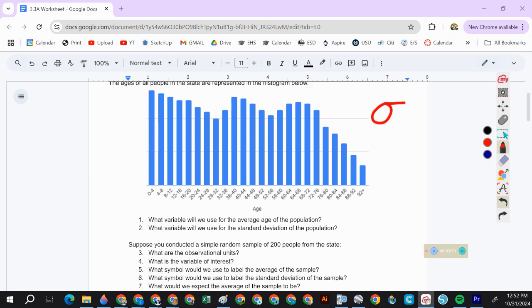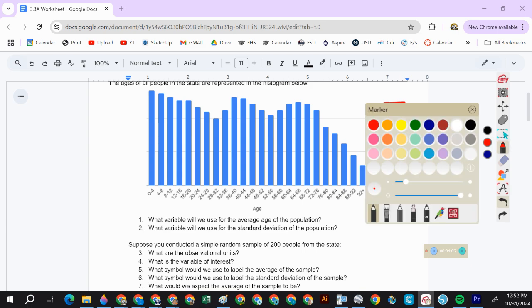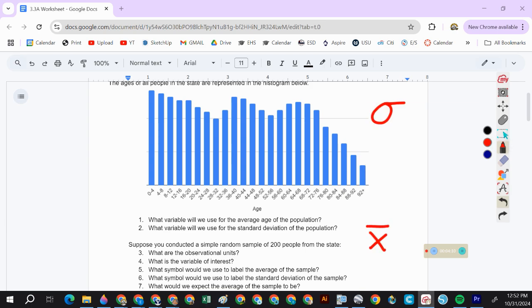We are studying people. And what is the variable of interest? Their age. We're asking them, that's the question we're asking. How old are you? What symbol would we use to label the average of the sample? Hey, there you go. You got one right. So the sample average is x bar.